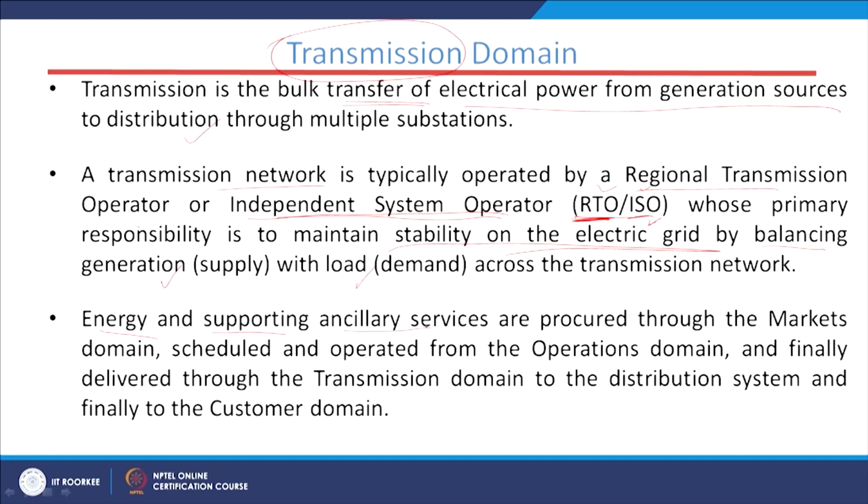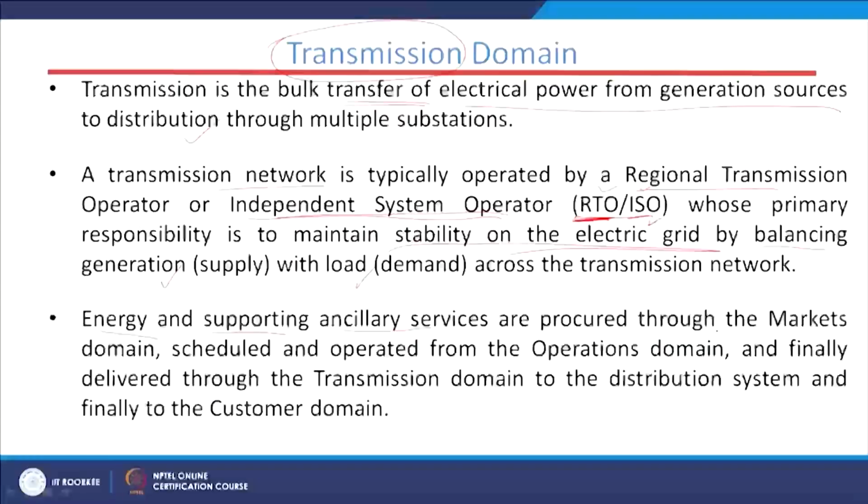The ancillary services we have already discussed in the generation part: the frequency support, voltage support, and spinning reserve are procured through the market domain. In the market domain these ancillary services are available, they can be procured from there, scheduled and operated from the operation domain, and finally delivered to the transmission domain, to the distribution and the customer domain.